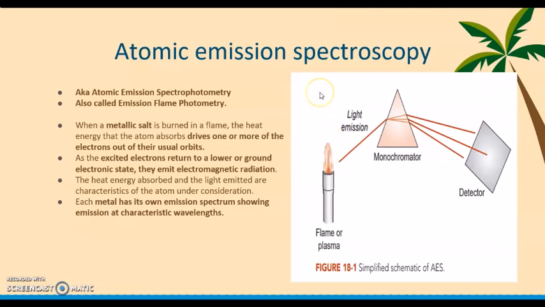Noong nag-excite ng electrons po natin, naglabas ito ng electromagnetic radiation at ito po ay nabasa sa ating pong monochromator. Depende sa ating pong trace element na babasahin niya, pipiliin ng monochromator kung sino lang po yung gusto nating tignan na trace element. From there, magse-select po ang monochromator at isa lang po ang lalabas sa detector.